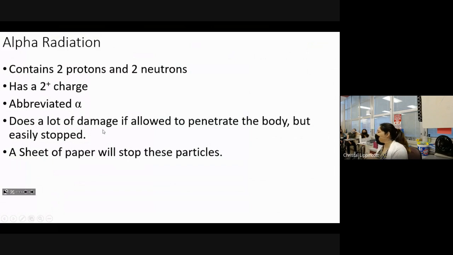So if you've ever seen or heard of the radium girls at all, they were people who painted dials on watches back in like the early 1900s, and they would work with paintbrushes. And so they would dip it down in this radioactive material because they didn't realize that it was a bad thing then.